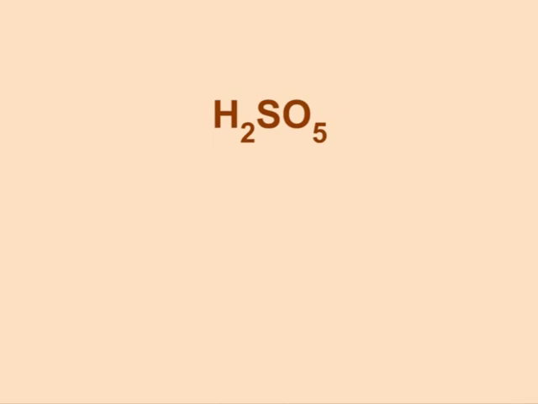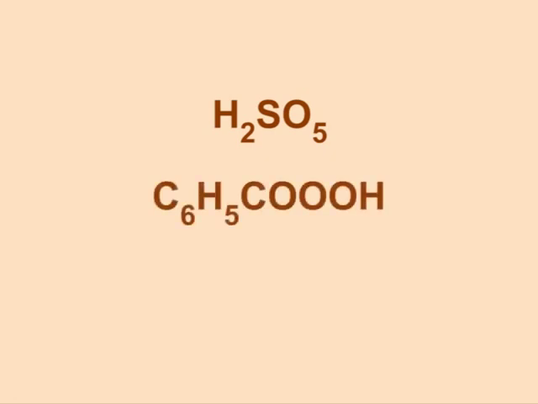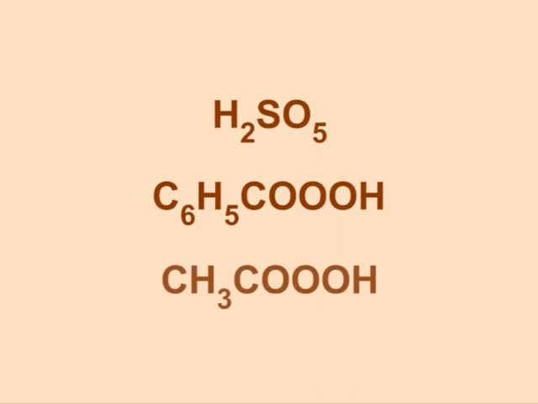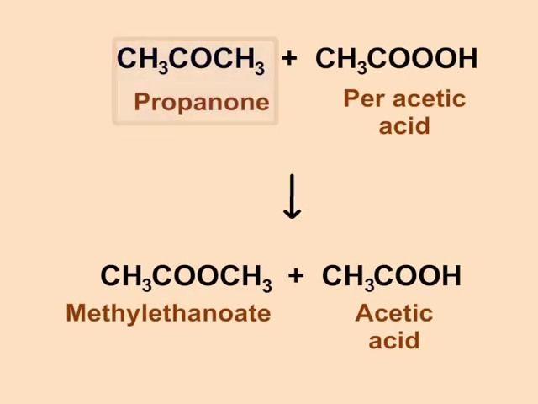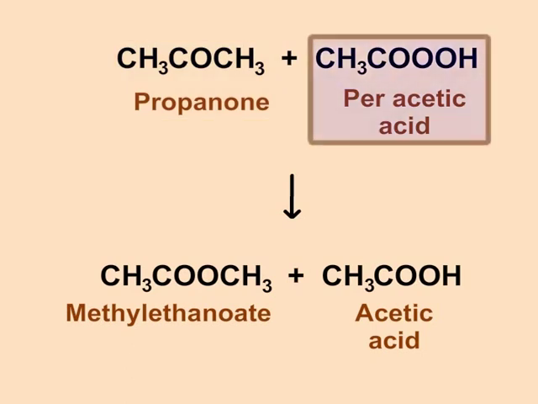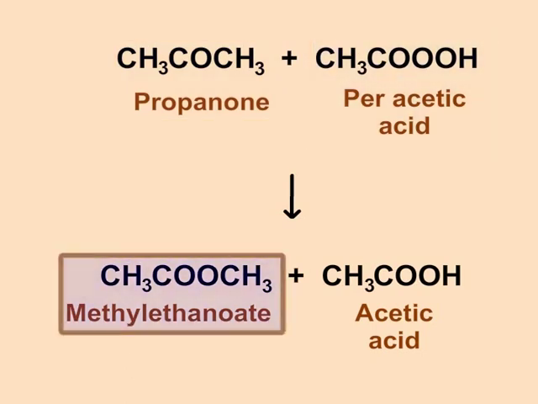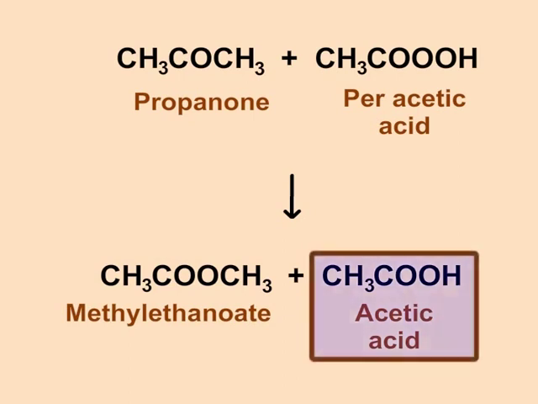It is also called Caro's acid, or perbenzoic acid, that is C6H5COOOH, or peracetic acid. Propanone reacts with peracetic acid to form methyl ethanoate and acetic acid.